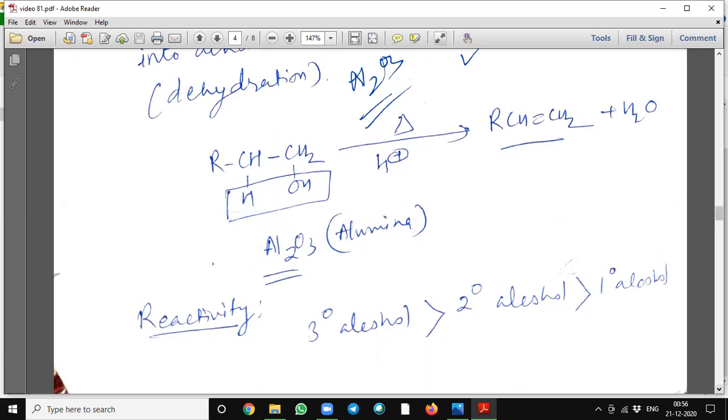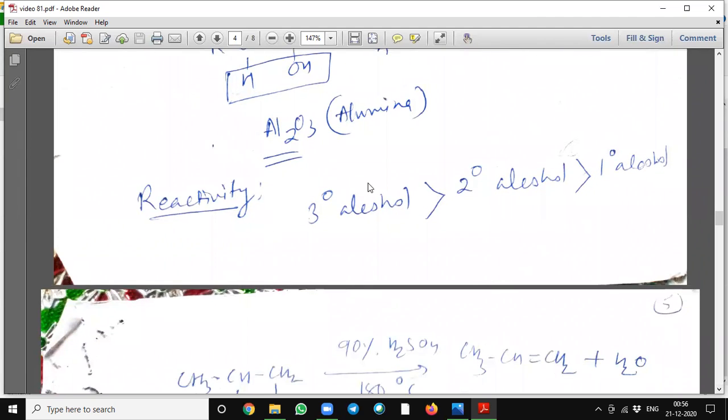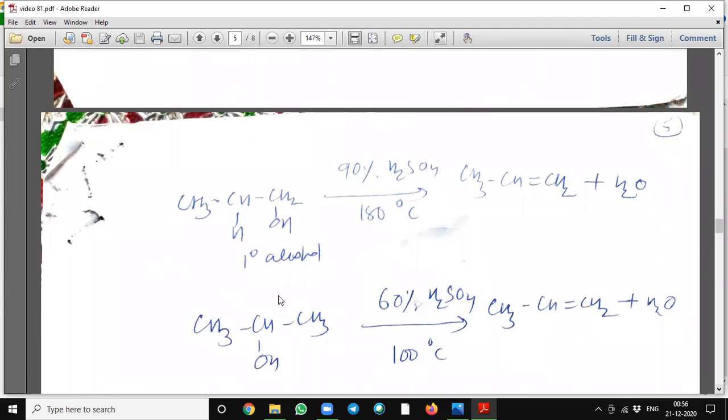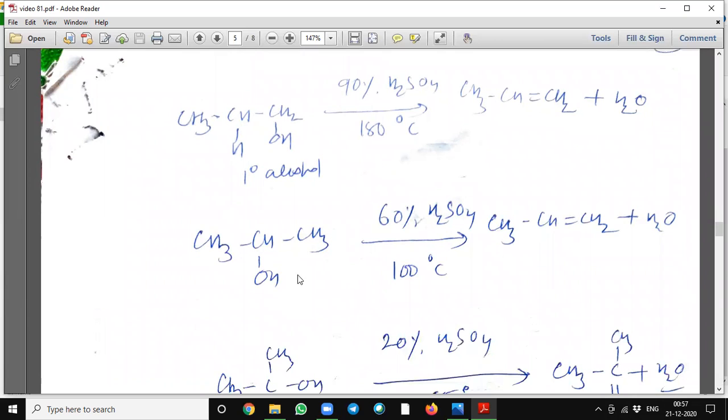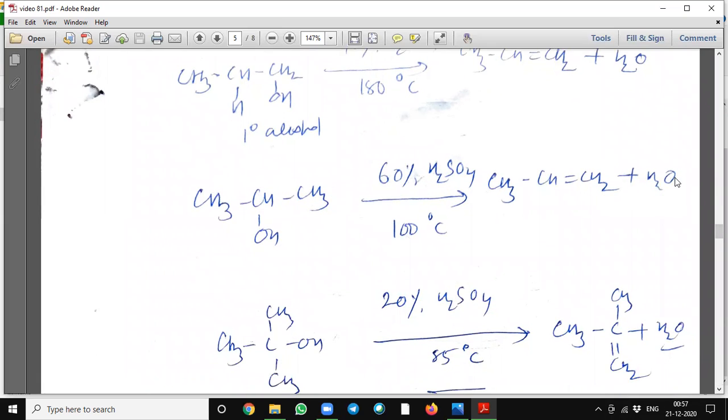The reactivity order of alcohols is: tertiary alcohol is more reactive compared to secondary, than primary. We can explain this on the basis of the reaction conditions. See here, primary alcohol requires 90% sulfuric acid and 180 degree centigrade temperature, meaning drastic conditions are required to convert it into alkene, that is propene. Whereas secondary alcohol requires lower concentration of sulfuric acid and 100 degree centigrade temperature.